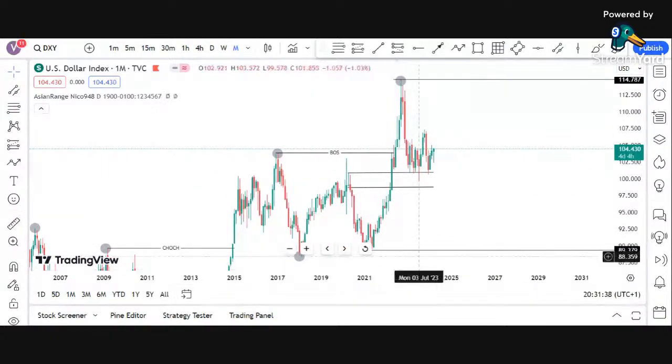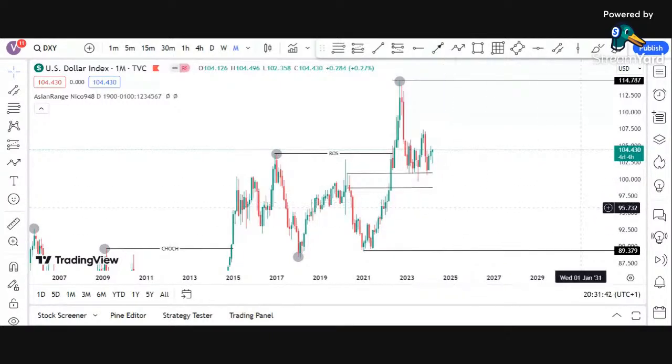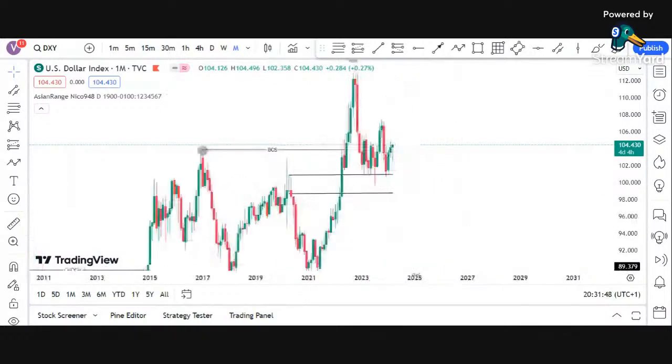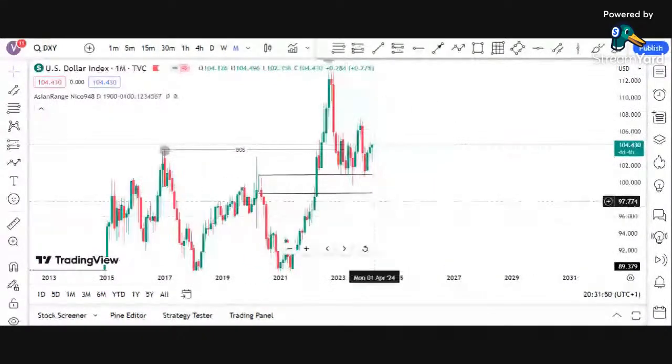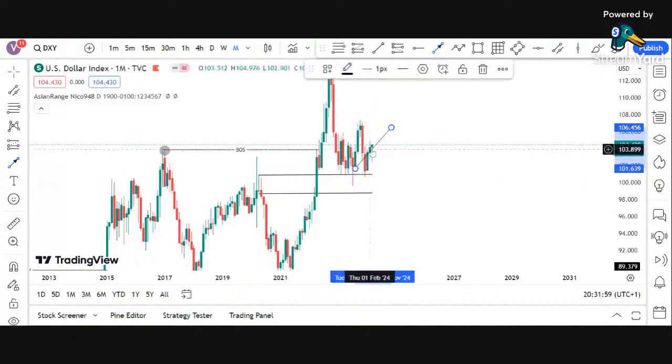So, what are we expecting? If you look at what happened here, a swing point has been formed. What is a swing point? Three-candle price action, where the middle candle is the lowest point, right? So we saw that a swing point formed here.